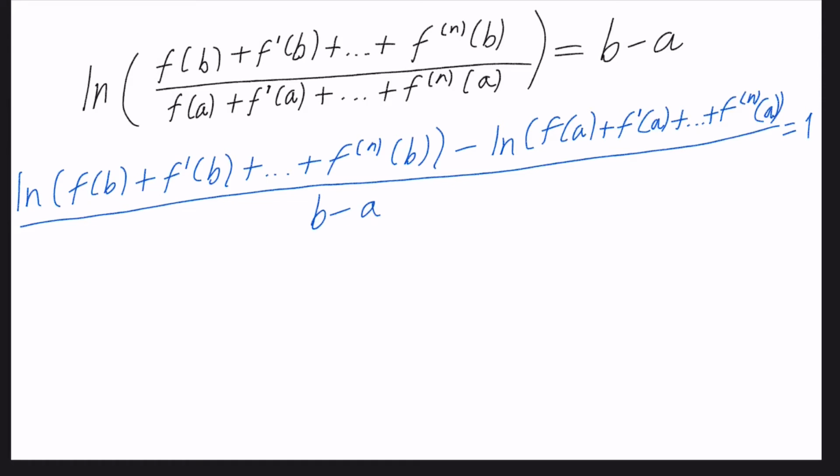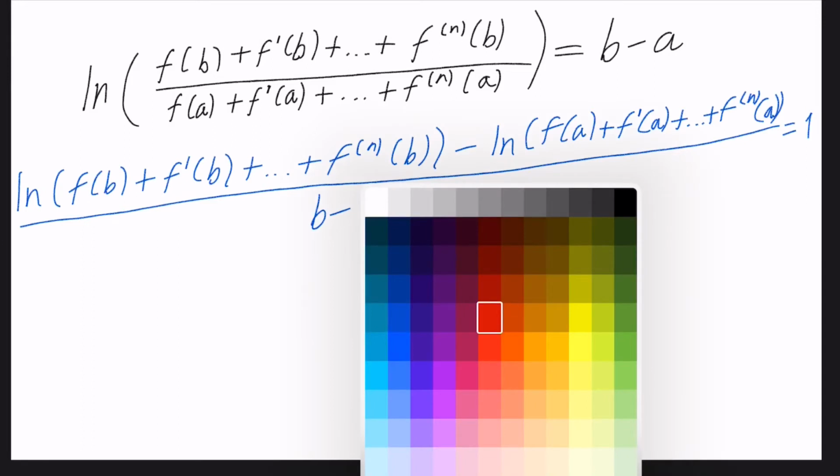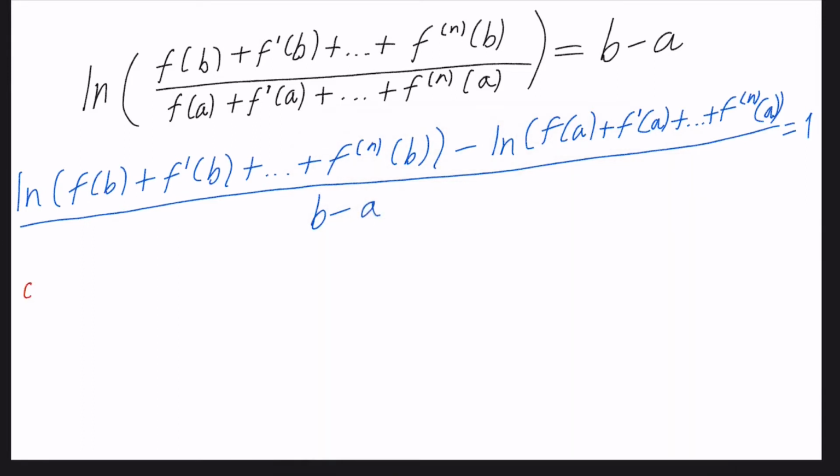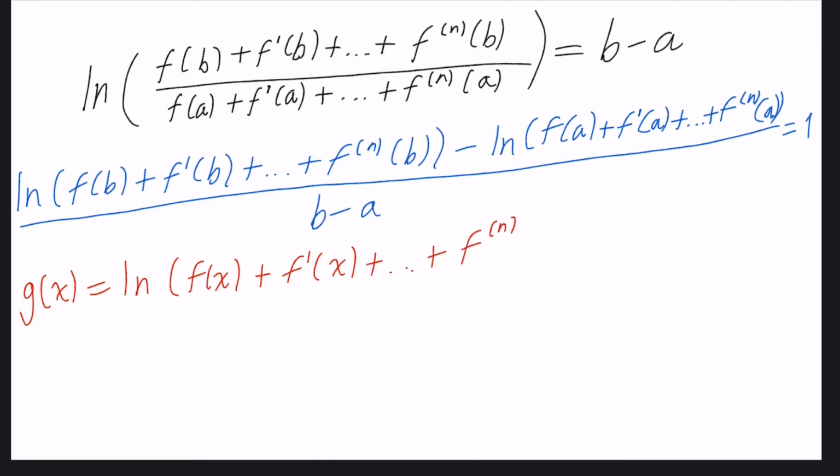So let's define a function. I will call it g. g(x) is equal to the natural logarithm of f(x) plus f prime(x) plus ... plus the nth derivative of f in x.